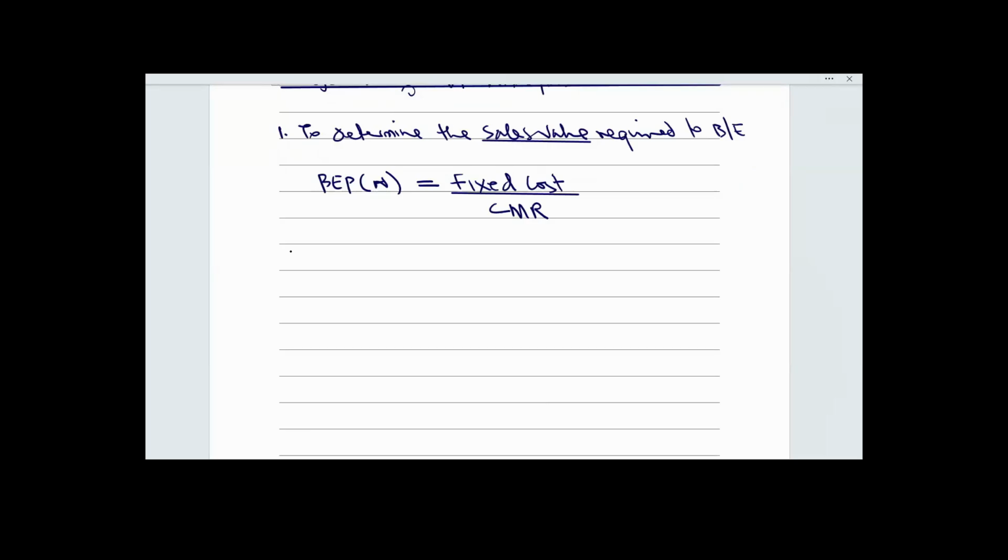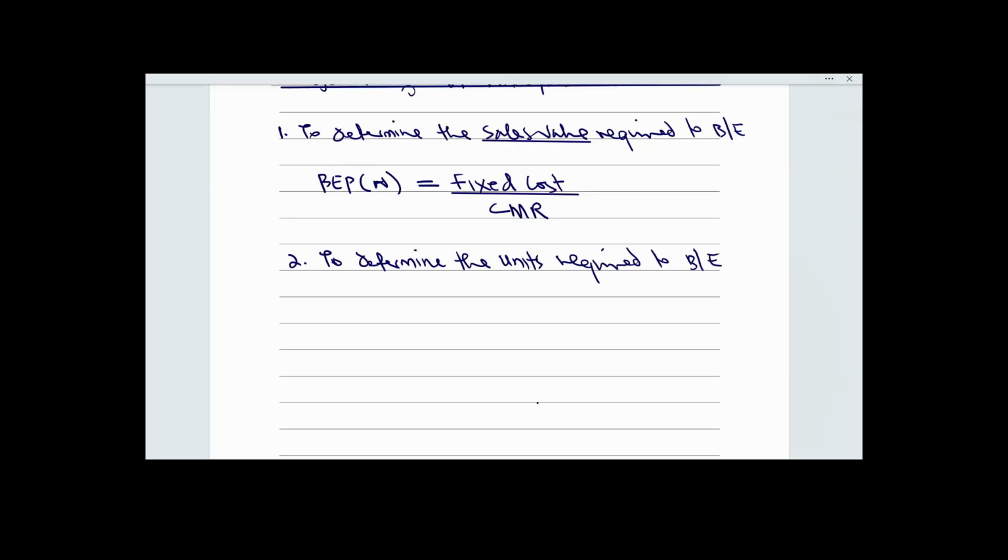Number 2, to determine the units required to break even. This is the second objective.